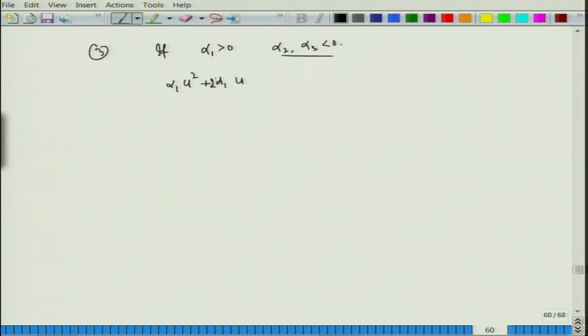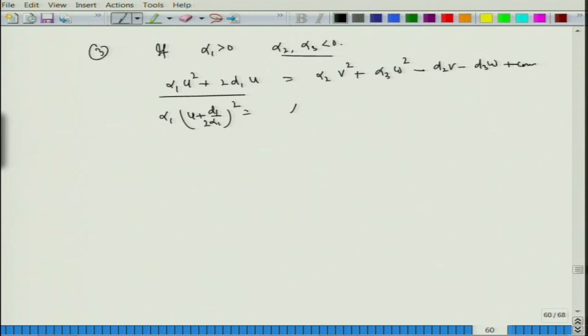Whatever I write, I can put alpha 2 on the other side, alpha 2 times v square plus alpha 3 w square, or minus whatever it is, minus d2 v minus d3 w plus constant here. Fine. Again I can write it as alpha 1 times u plus d1 upon 2 alpha 1 whole square is equal to alpha 2 times something plus alpha 3 times something. Fine. So I will get something like this part.